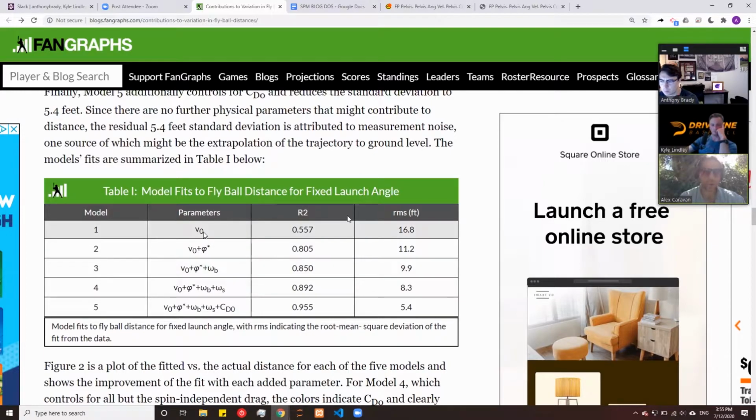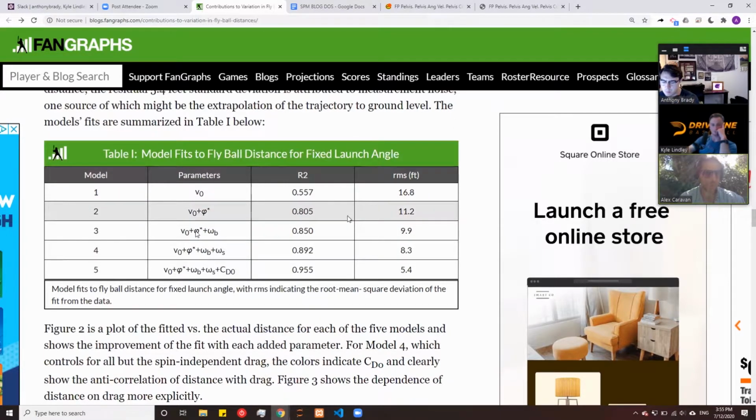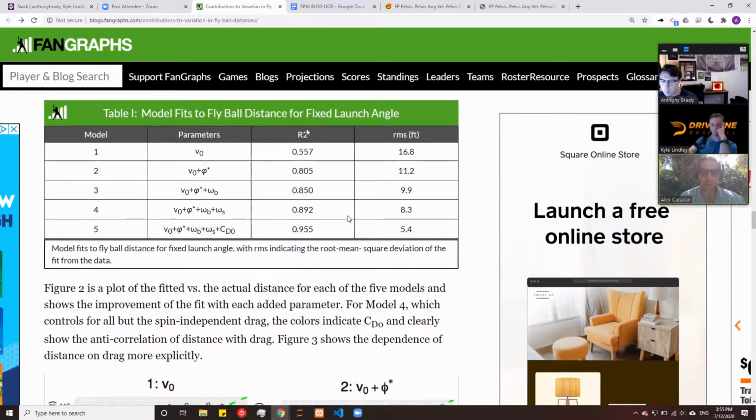When using just exit velocity, he was looking at the R squared value, so essentially how much it correlates directionally, and the RMS, root mean squared error, which is a measure of error, how much the model is off by on average. So the lower this is, the better it fits. The two relationships go together, although this is not always the case. In essence, you're measuring directionality and accuracy. R squared is the directionality and RMS is the accuracy.